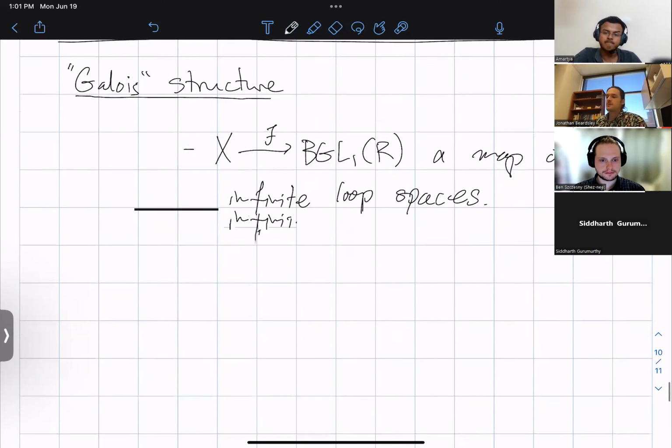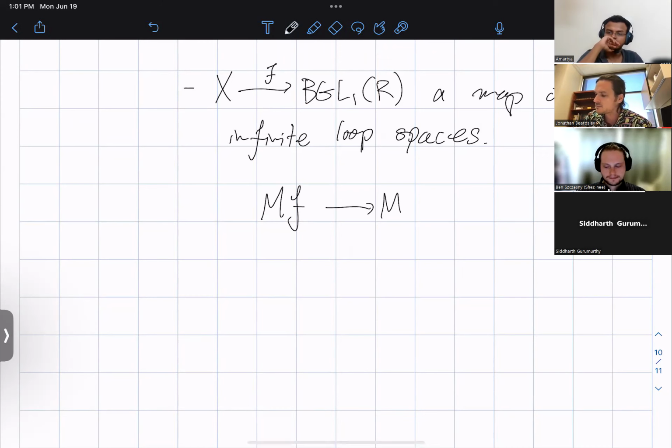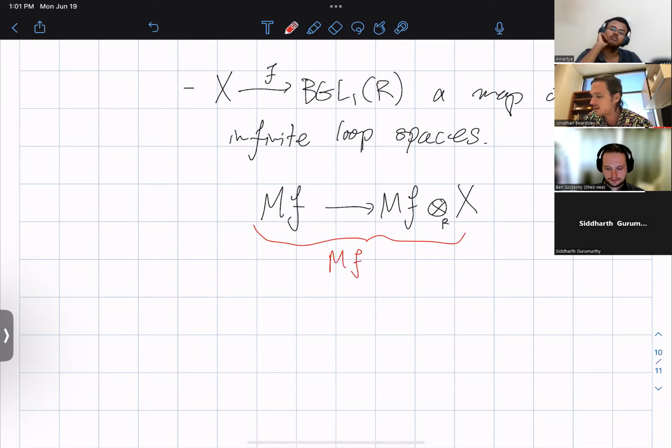So what did we see before? We saw that we had this Tom diagonal. And now this is a map of, sorry, not MF, this is a map of R algebras in particular.